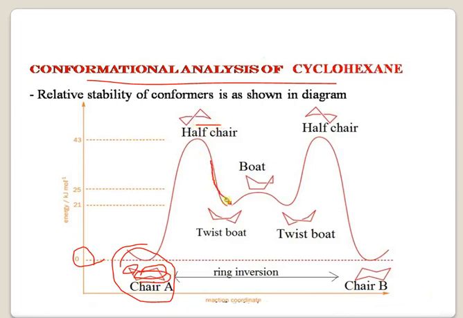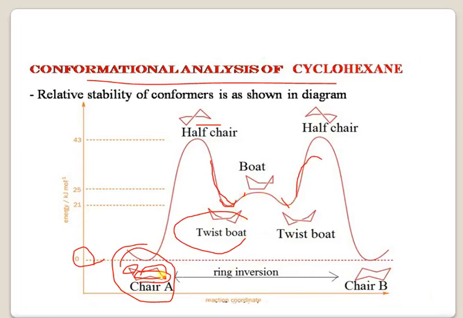Again we shift this into twist boat, where these are away from each other. Boat means 1 and 4 are out of the plane, and 2, 3, 5 and 6 are in the same plane, that is boat conformation. And when we twist this, it is lower in energy, more stable than boat, and again half chair.